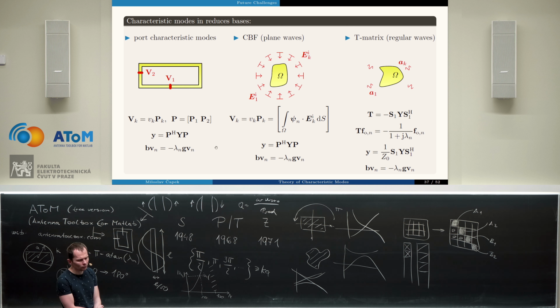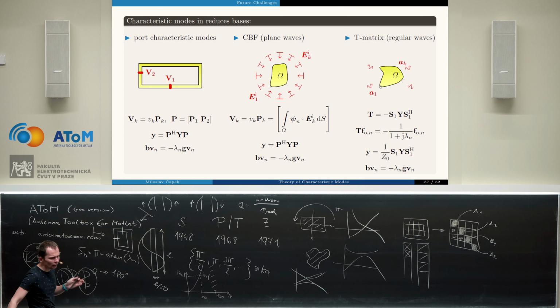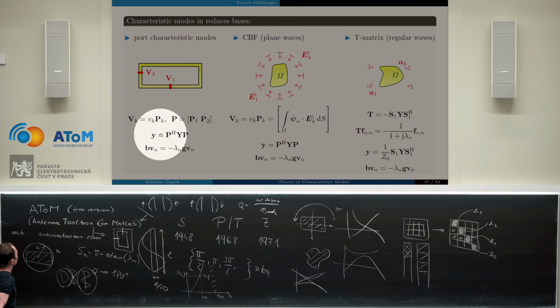Okay, and with this, we can move further, and we can also show that actually all the various representations, either the network characteristic modes, or the characteristic basis functions, or the representation in the T matrix, are basically characteristic modes, but only represented in different bases. Here, it's in a basis of localized feeders I preset on my structure.